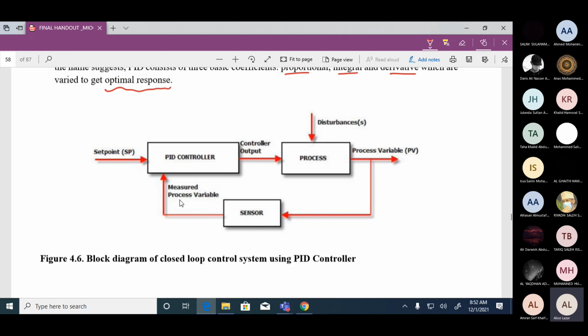Sensor output is called the measured process variable. It is going to be compared with the set point and accordingly this controller will take action. The output is called the controller output. It will be given to the process and the process will make sure that the process variable is kept equal to the set point. But because of disturbance, this condition is violated and then this whole cycle has to continue.